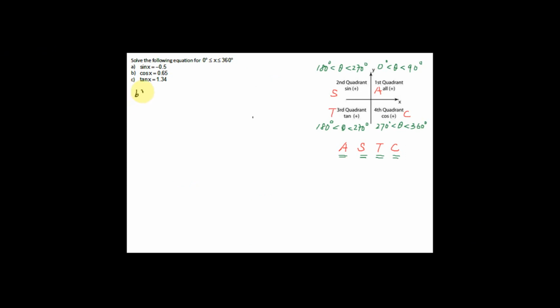So now we will solve for cos x equal to 0.65. Remember, the first step is to put the range, that is, x is from 0 to 360. The second step is to find the basic angle. Basic angle equal to cos inverse of positive 0.65.